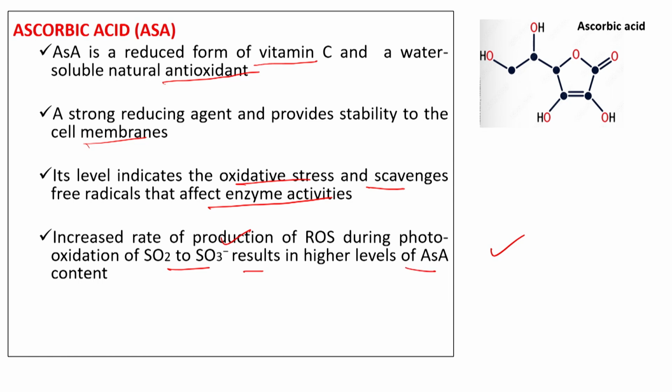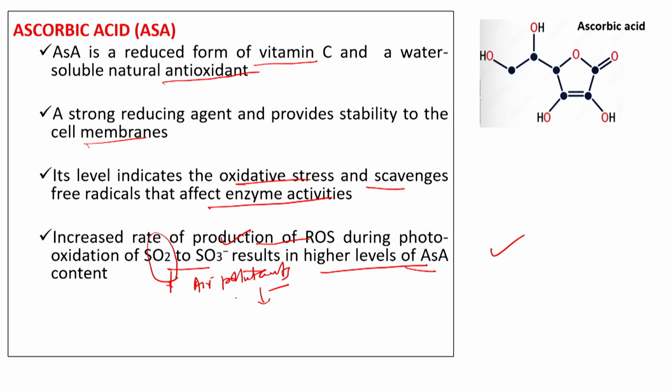Now we understand that SO2 is an air pollutant. If the air pollutant enters through the stomata during photosynthesis, this will lead to an increased rate of production of ROS, and this results in a high level of ascorbic acid content.